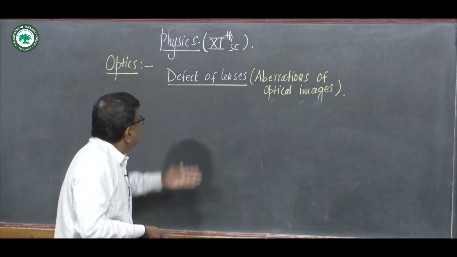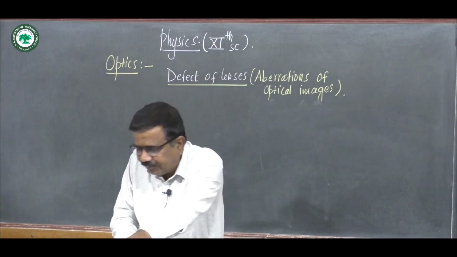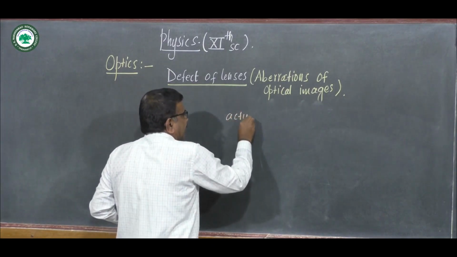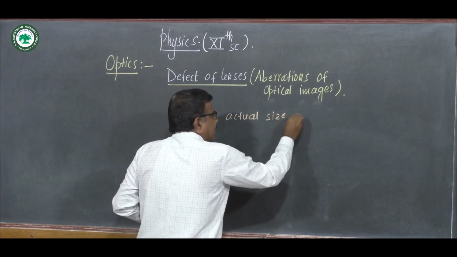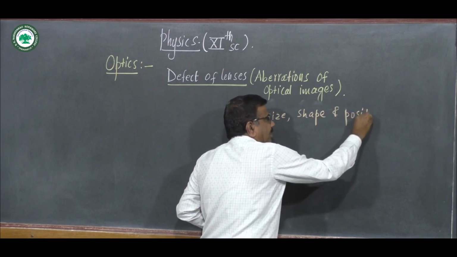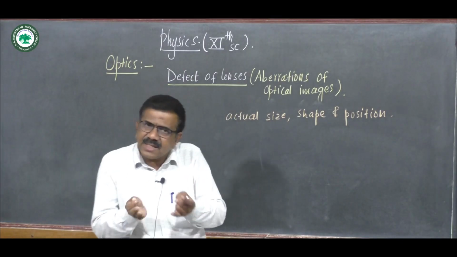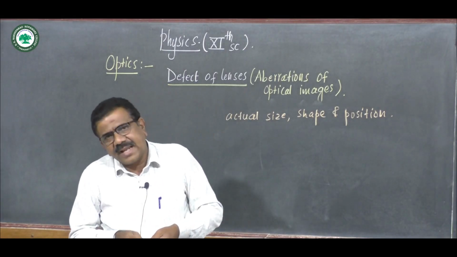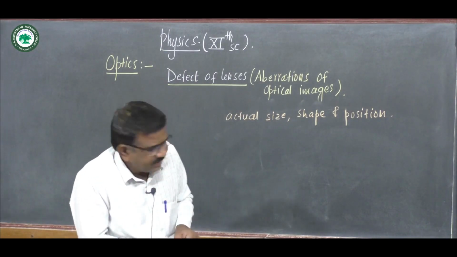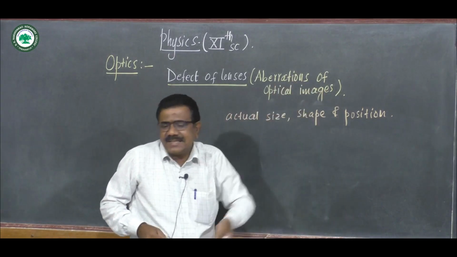So we define this defect of lenses as the deviation or deformation of the image from its actual size, shape and position due to the lens.